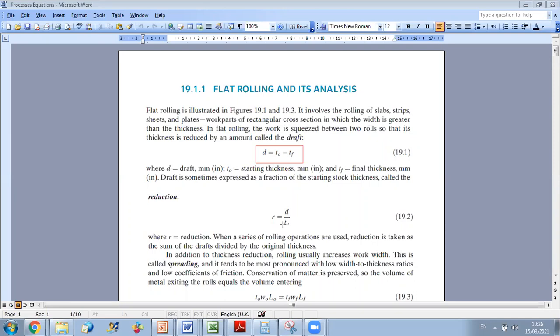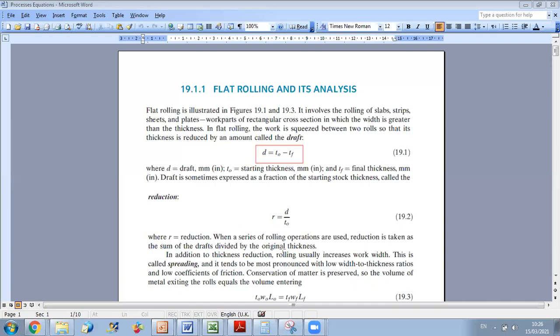If you desire to do 10 millimeter reduction in draft, then the total draft will be achieved by doing 10 different passes through the rolling. So I should have 10 passes to achieve the total draft required. So when we talk about reduction, we talk about the total draft over the initial thickness. Okay, so when a series of rolling operations are used, reduction is taken as the sum of the drafts divided by the original thickness.